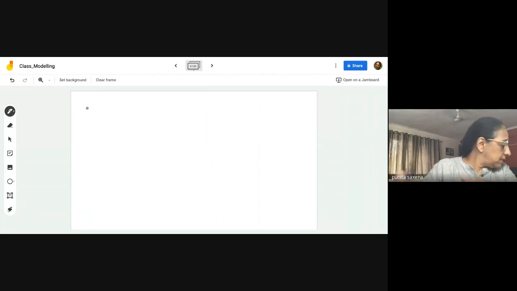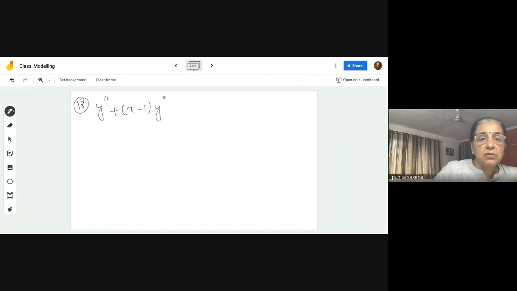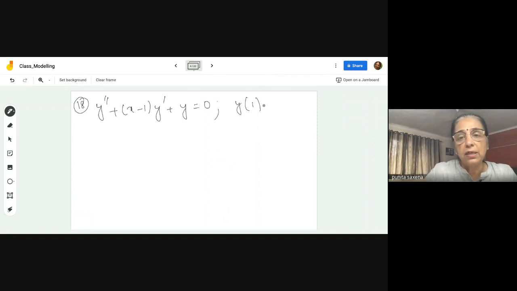Right. But sometimes what happens is, for example, your question number 18, just look at this. It's y double dash plus (x minus 1) y dash plus y equal to 0. The initial conditions that you are given are that y(1) is 2 and y'(1) is 0.